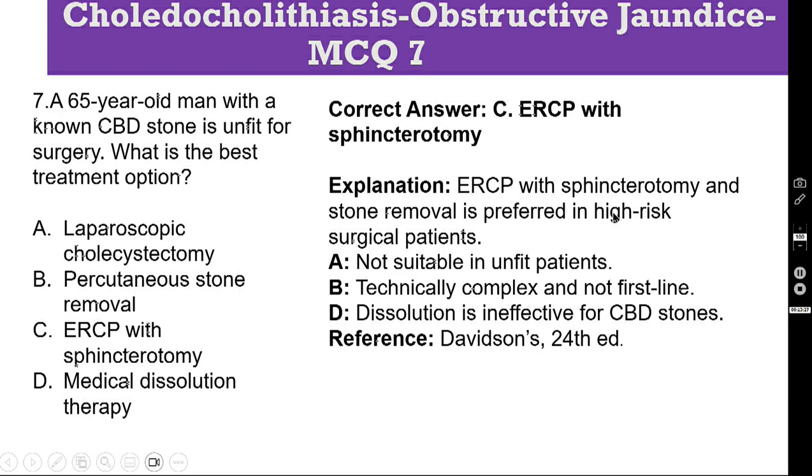Explanation: ERCP with sphincterotomy and stone removal is preferred in high-risk surgical patients. A is incorrect. Laparoscopic cholecystectomy is not suitable in unfit patients. B. Percutaneous stone removal is technically complex and is not first line also. D is also incorrect. Medical dissolution therapy is ineffective for CBD stone.